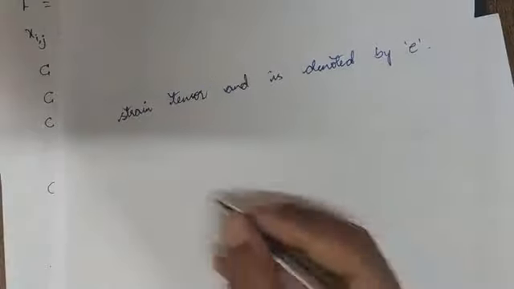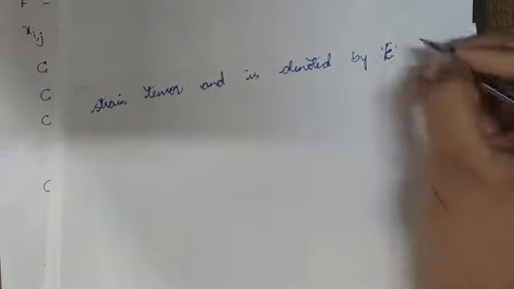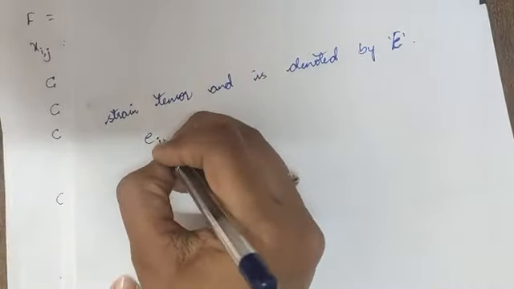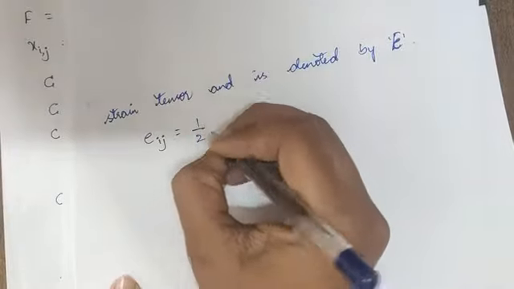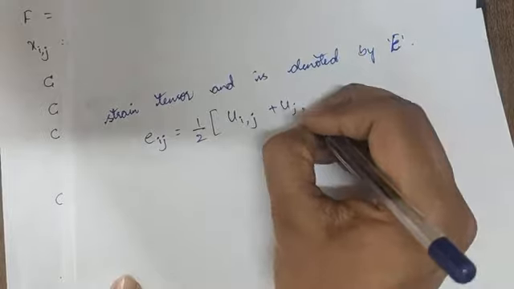That means this is denoted by capital E, and if you write it in suffix notation, you will get Eij is equal to half into Ui,j plus Uj,i.